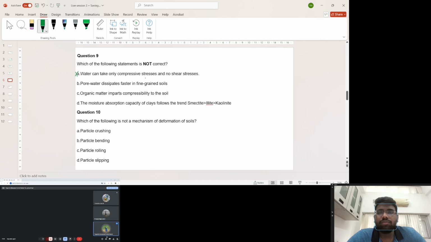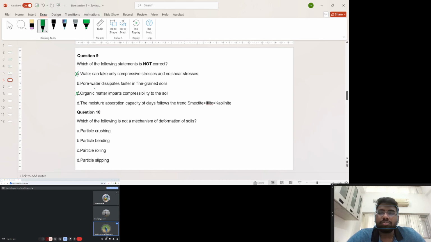When you study further in shear stresses of soil, you will come across this more. And organic matter imparts compressibility to the soil. That is relatively well known because it is prone to degradation, so this is not the answer.